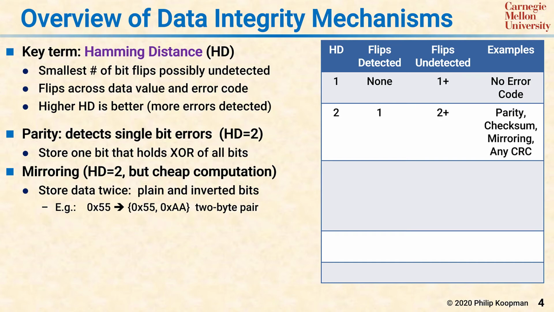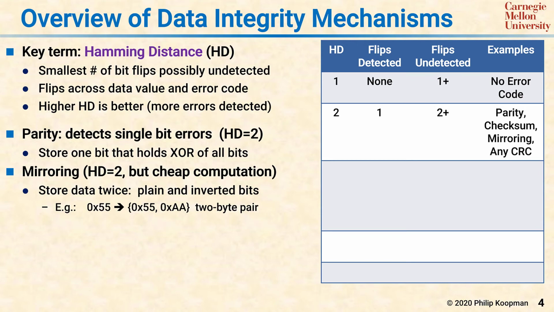If you store a 0 and all ones pair as the mirrored image, then it's less likely that the software will create a 0 in one byte and all ones in the next byte if it's just initializing memory. That does not increase the Hamming distance, but it's a good idea and certainly better than just storing the data twice and being vulnerable to a memory initialization loop.